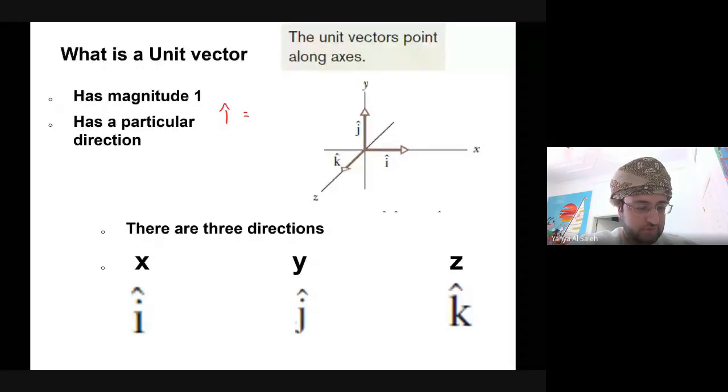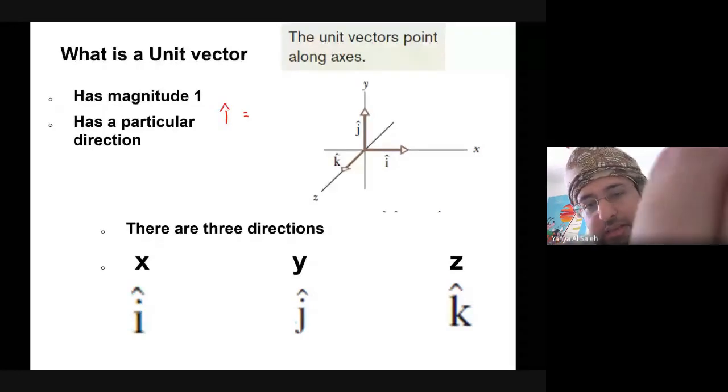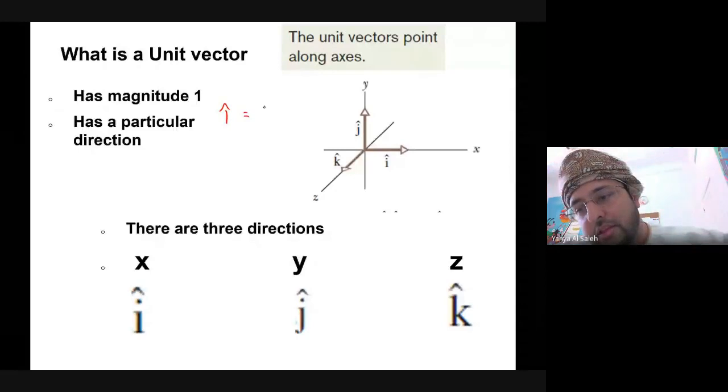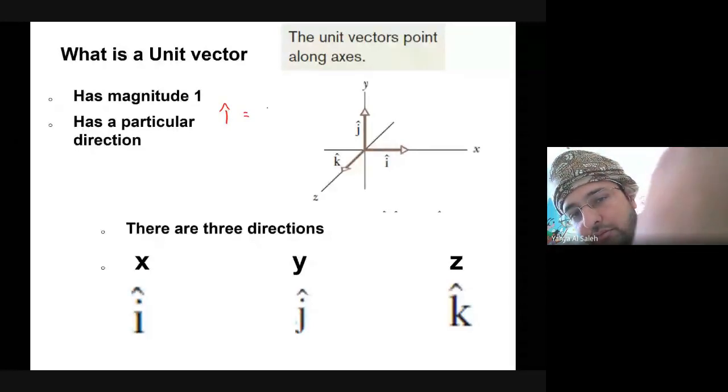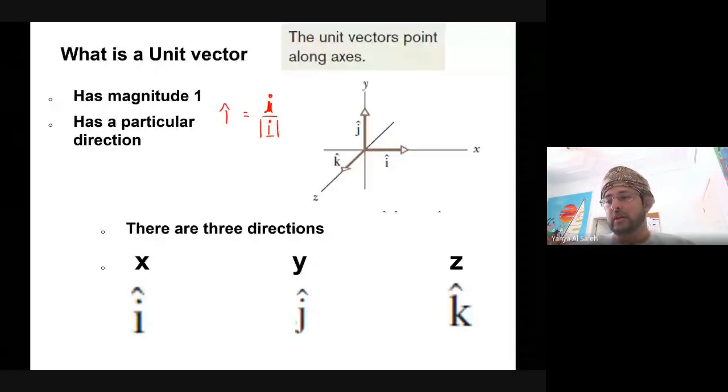Okay, a unit vector I is defined as the vector I over the modulus of the vector I. So I take the total length of the vector and I divide it by the total length of the vector, and I get a unit, a standard unit of measurement. Okay, now let me give you an example.